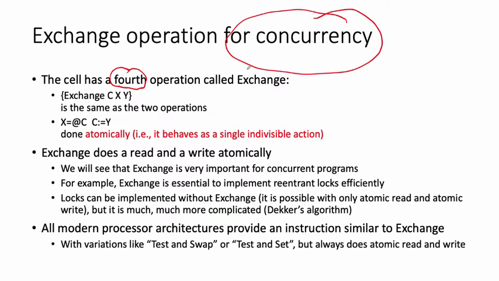So this operation is called exchange, and it looks like this. So we have a cell C, and it has 2 arguments. So it's not like assignment or access, which have 1 argument each, but it has 2 arguments, x and y, and it behaves like 2 operations. So it's exactly the same as reading x and assigning y as the new value.